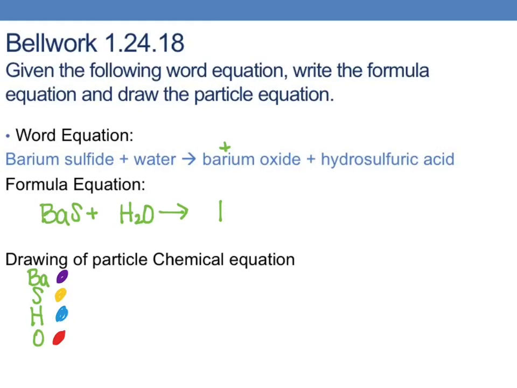Barium is a +2, oxygen's a -2, so it is BaO. And hydrosulfuric acid, so H2S. It says hydro at the front, so it cannot be sulfate or sulfite. It has to be just sulfur.